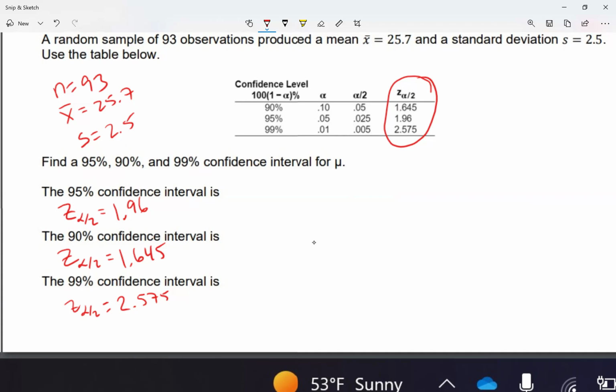So for my 95% interval, the way I'm going to write this will be 25.7 plus or minus 1.96 times 2.5 divided by the square root of 93.